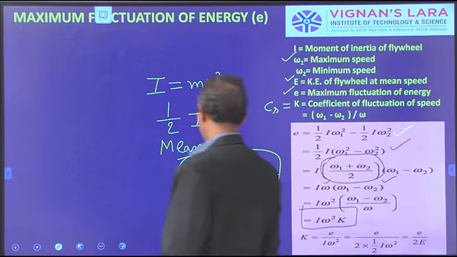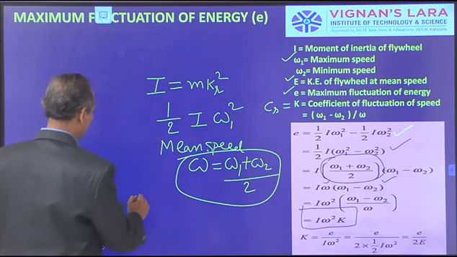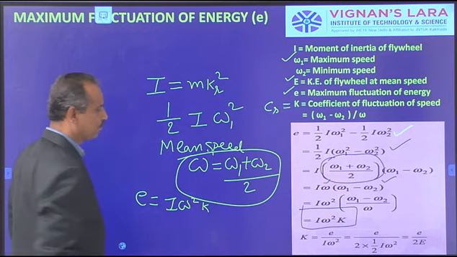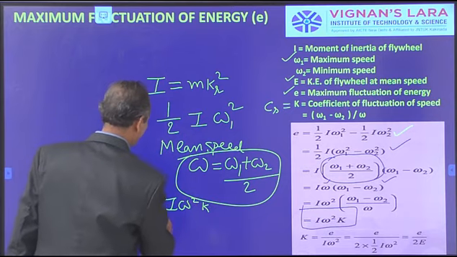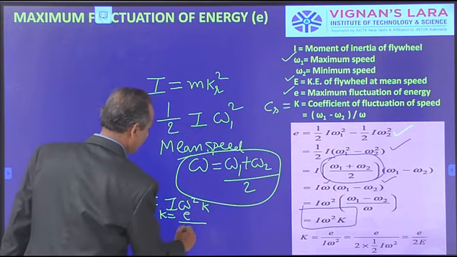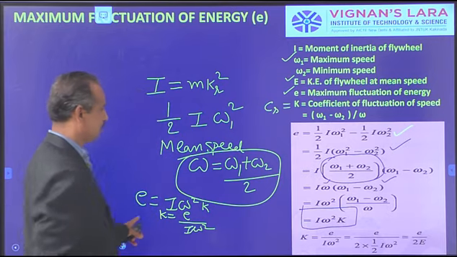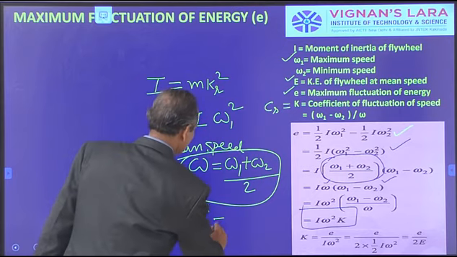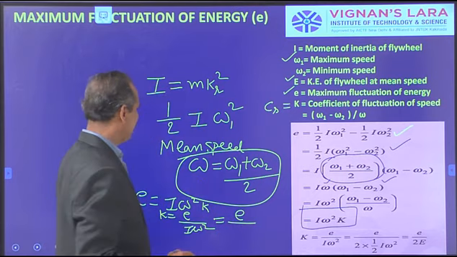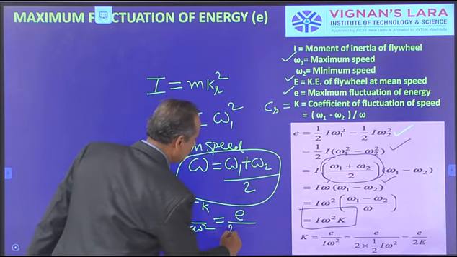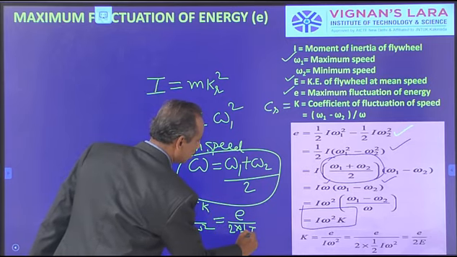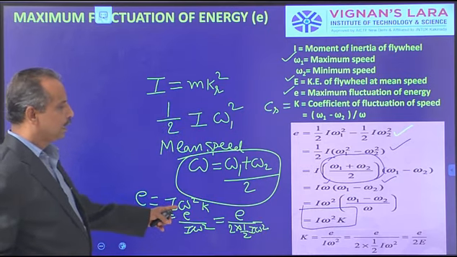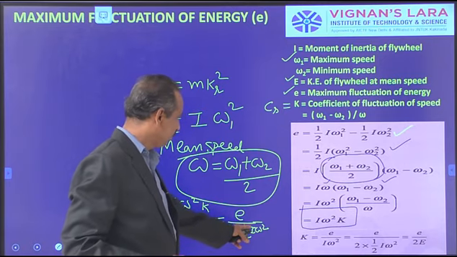So you can write small e is equal to I omega square into k, or we can rearrange to k is equal to e by I omega square. If you want, you can rearrange it in another form. I write I omega square as 2 into half I omega square.